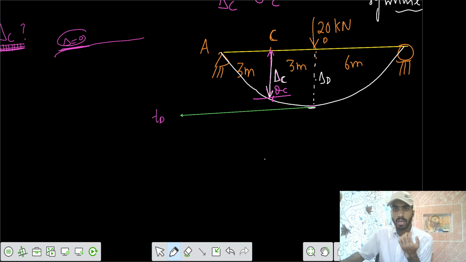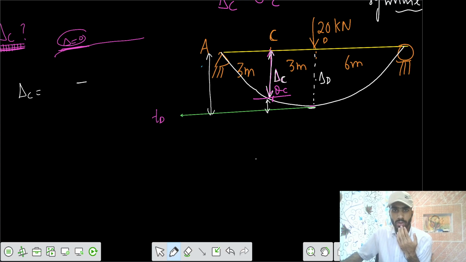If we know this value, and if we know this value, we can get delta C. We can write delta C equals something minus something. What is the notation of this one?